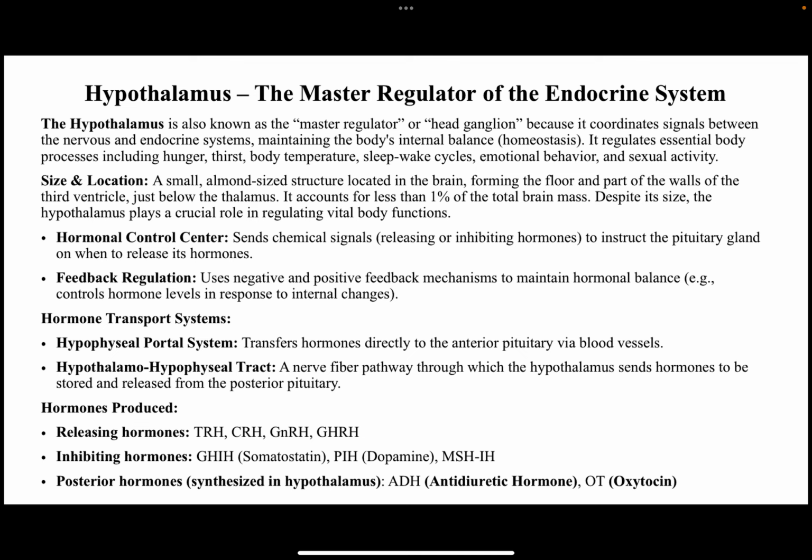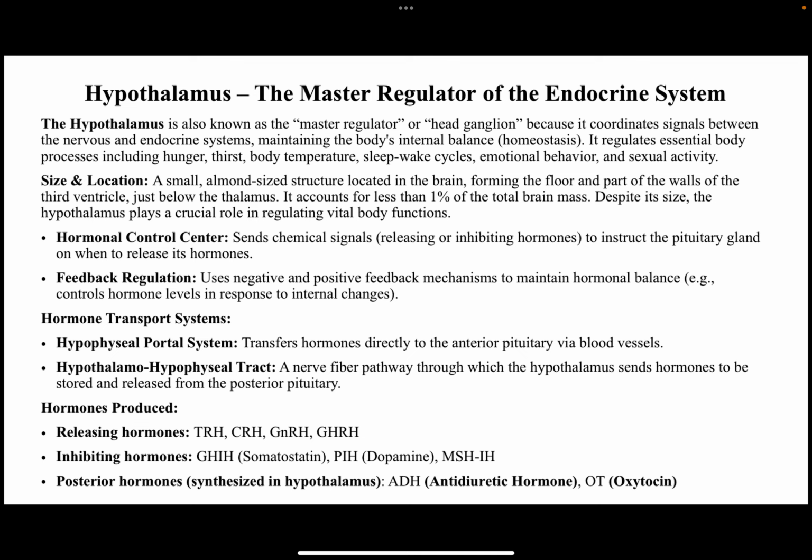So in that pathway, some hormones are produced in the hypothalamus, which are stored in the posterior pituitary. When those hormones are produced in the hypothalamus, they go through the neurohypophyseal system, or the hypothalamo-hypophyseal tract.